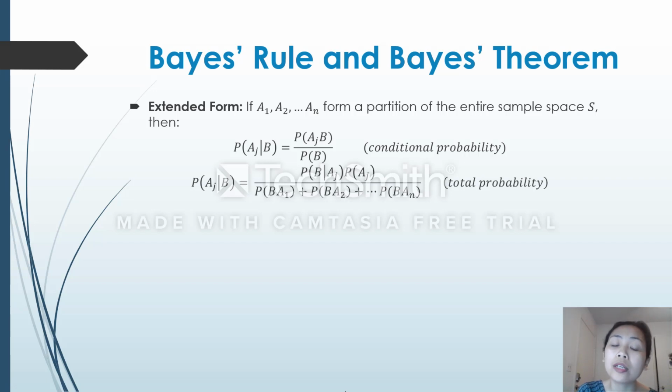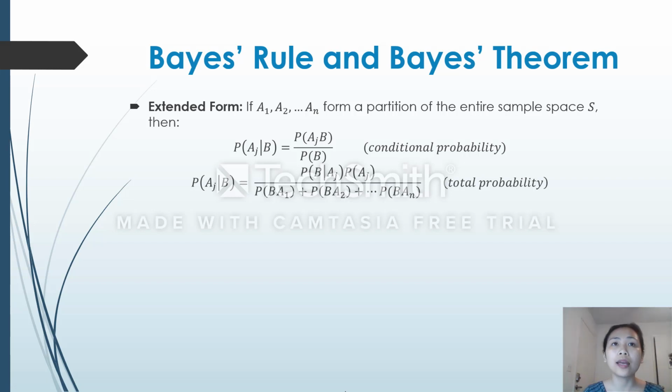We have probability of B is probability of B and A1 plus probability of B and A2 plus dot dot dot plus probability of B and AN. So the denominator is just like the general law of total probability.